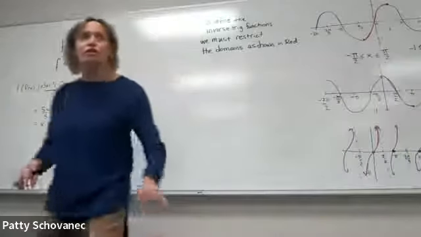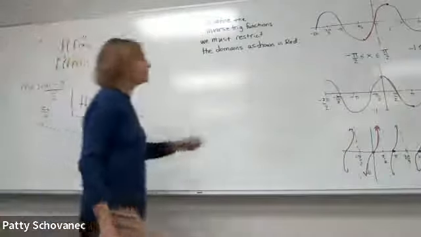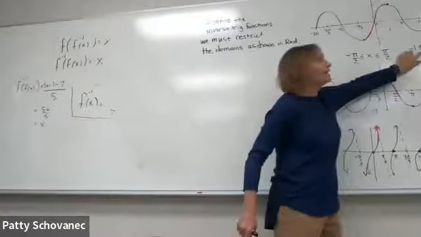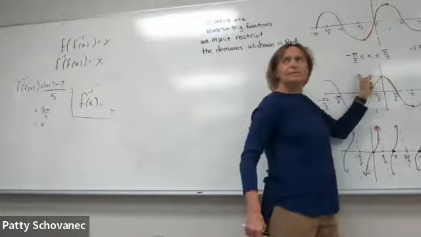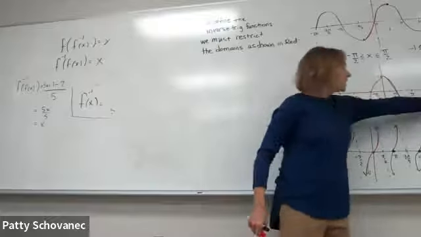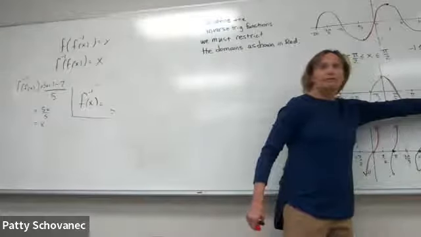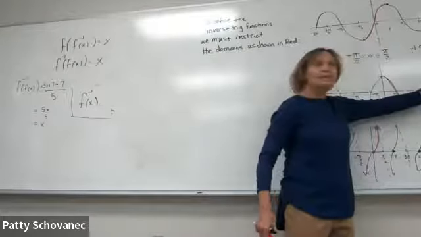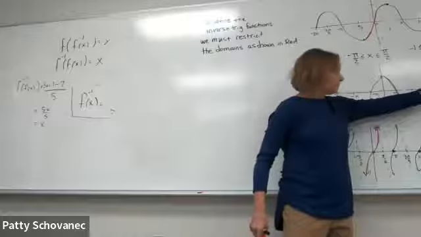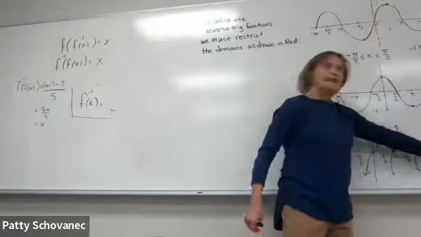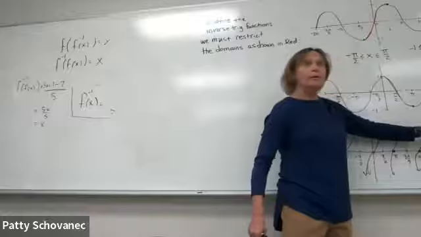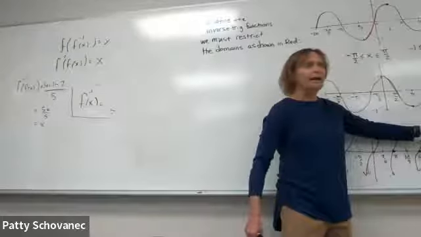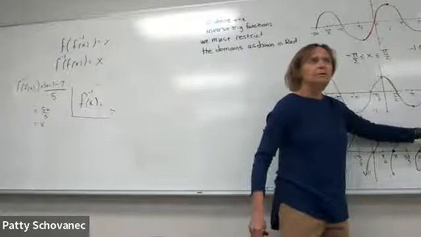The inverse trig functions swap sets. This becomes the domain of the inverse sine function, and it has these as its outputs. This becomes the domain of the inverse cosine function, and it has those as outputs. And the domain of the inverse tangent is all values of x. The range will be angles between -π/2 and π/2.